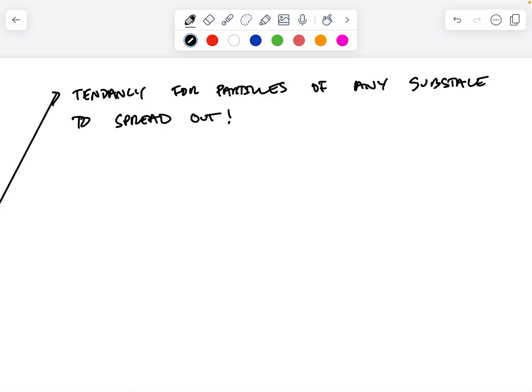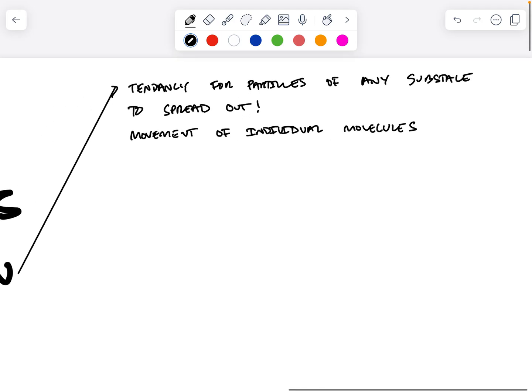The movement of individual molecules is random, but on net, they move down their concentration gradient.